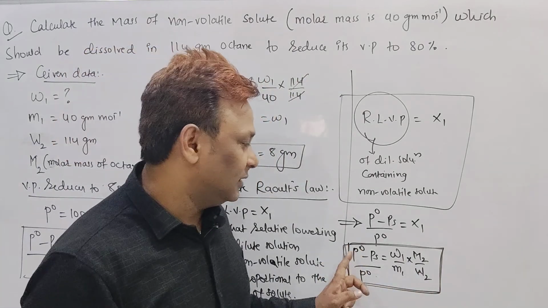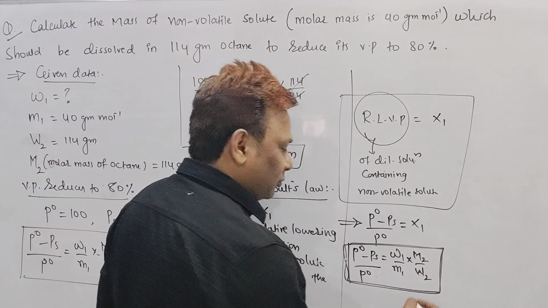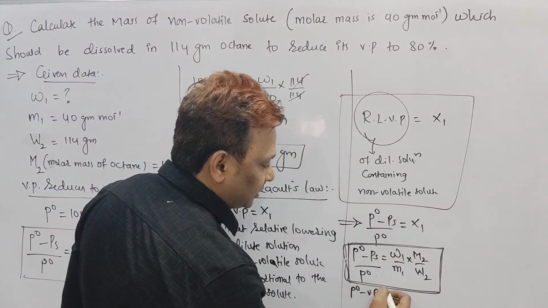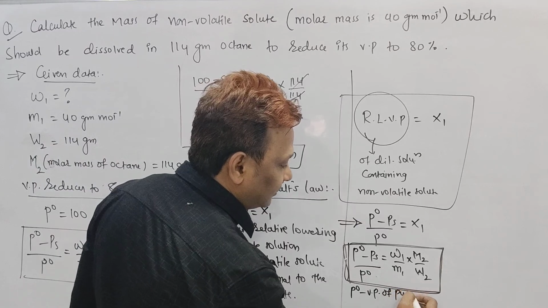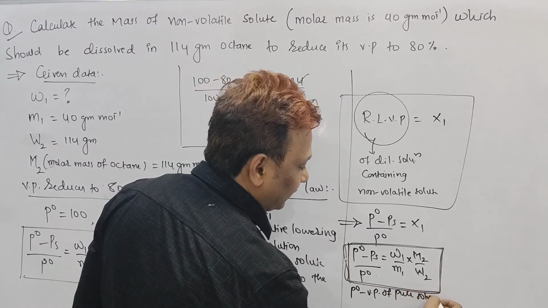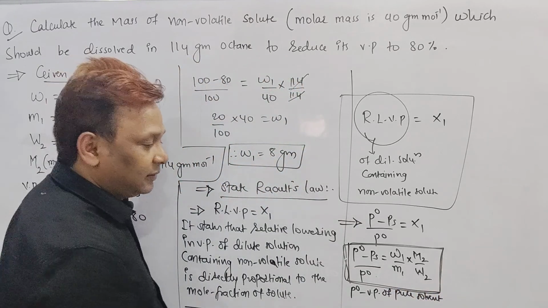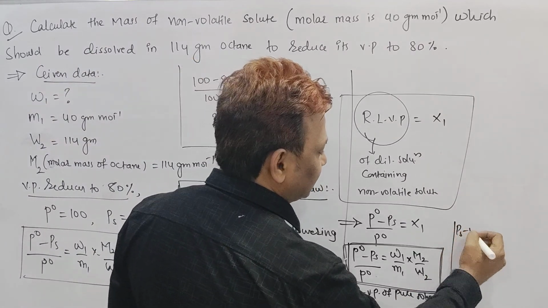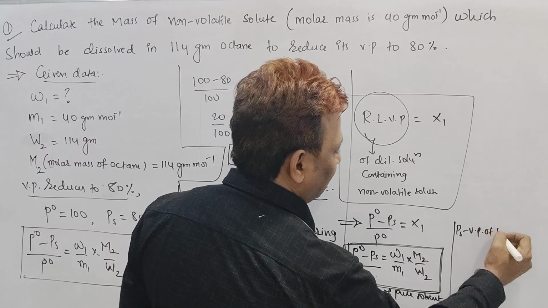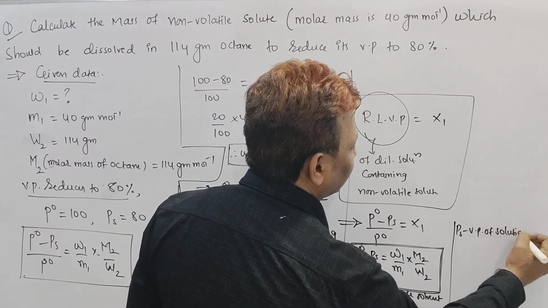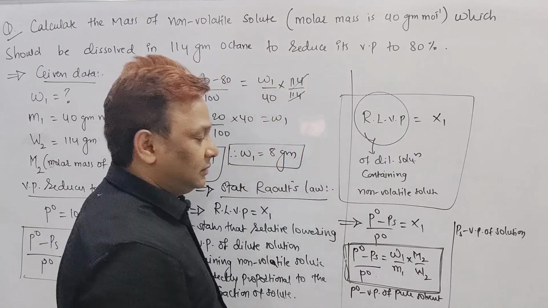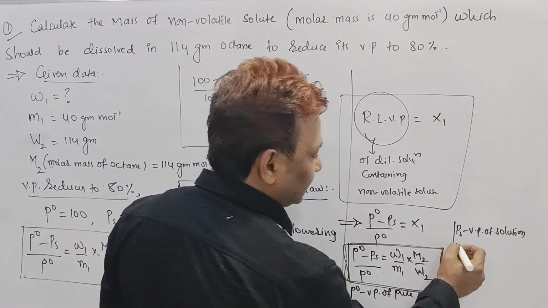Then you have to mention what is the P0. Here we have to mention separately. P0 is the vapor pressure of pure solvent. Then what is the PS? PS is the vapor pressure of solution. What is W1?